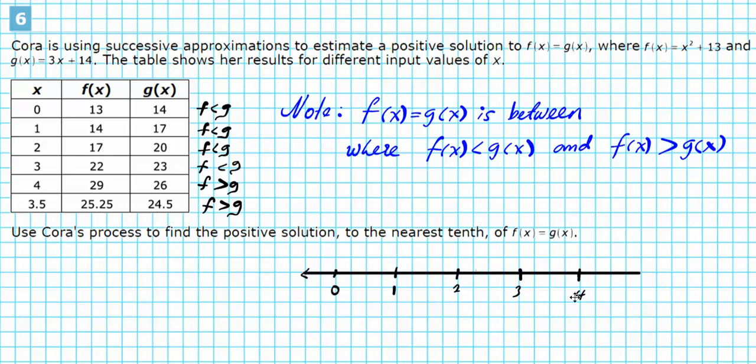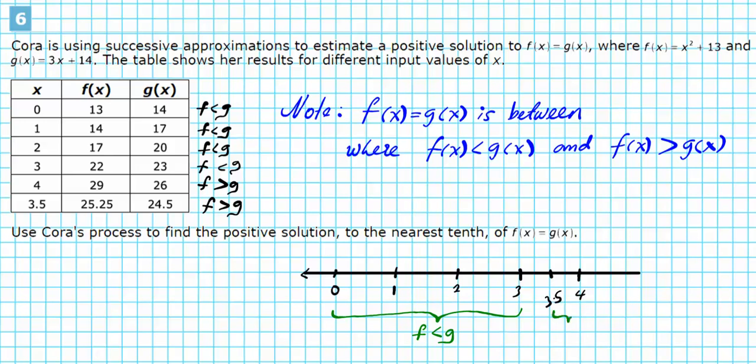So what's going on in this table is that from 0 all the way to 3, f is smaller than g. So from here to here, f is less than g. But from 3.5, somewhere here in the middle, from 3.5 to 4, it switches.